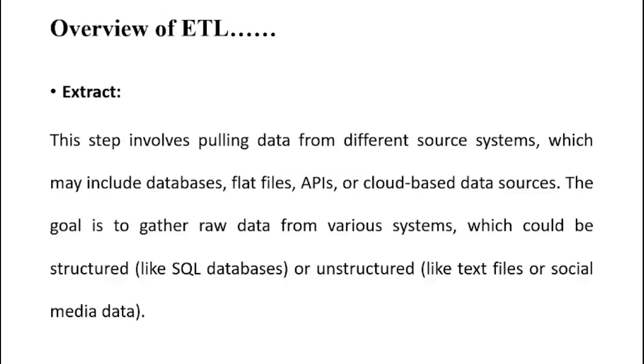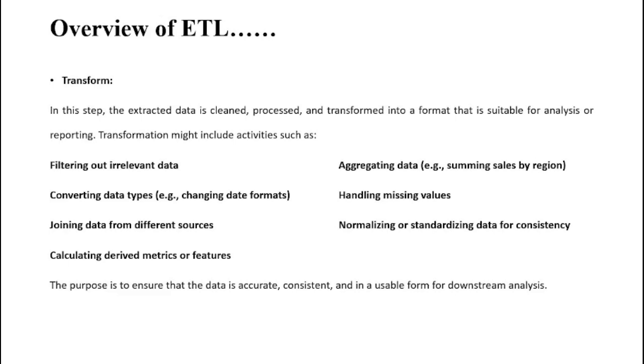Now the next process of the ETL is the transformation process. I want to talk about the transformation process. In this step, the extracted data are cleaned, processed, and transformed into a format that is suitable for analysis or reporting.